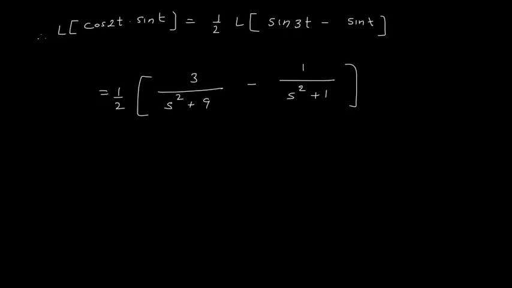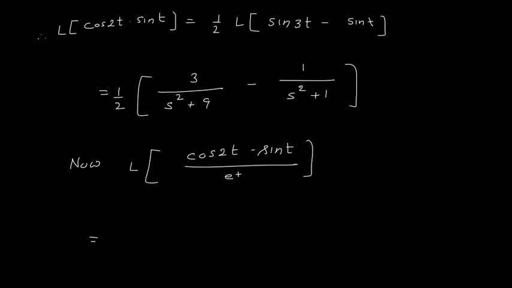Now we have to find Laplace of cos 2t sin t divided by e power t. So this I will write as Laplace of e power minus t into cos 2t into sin t.